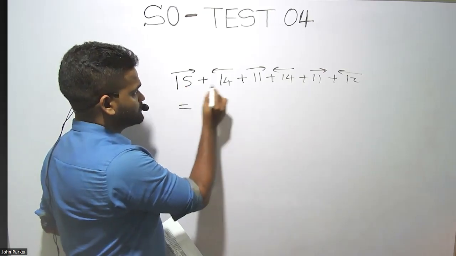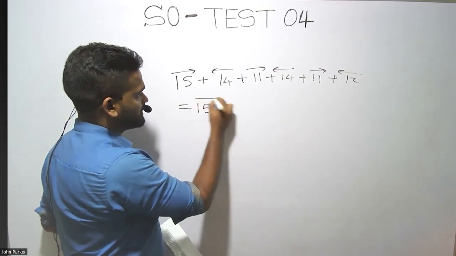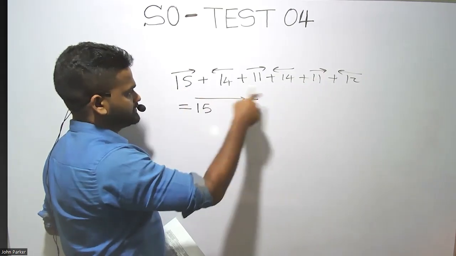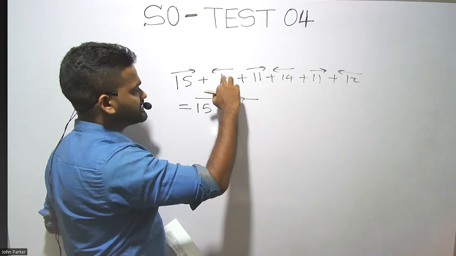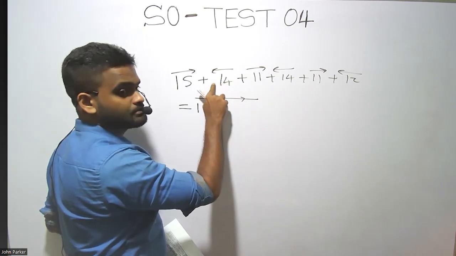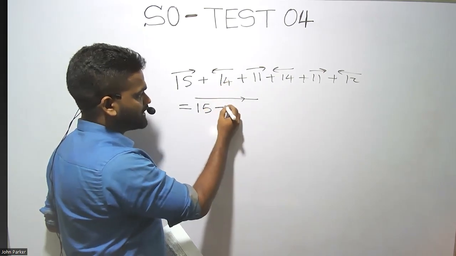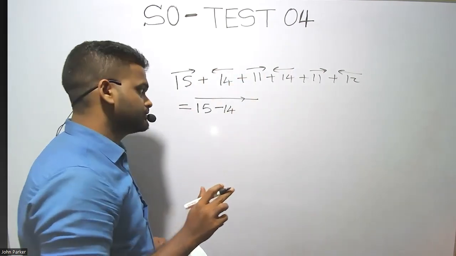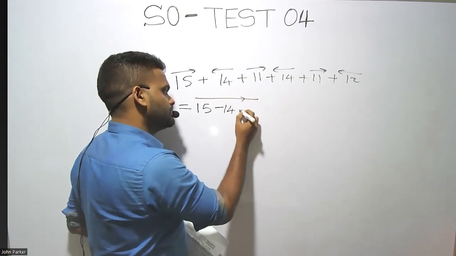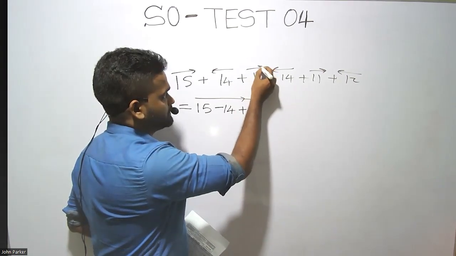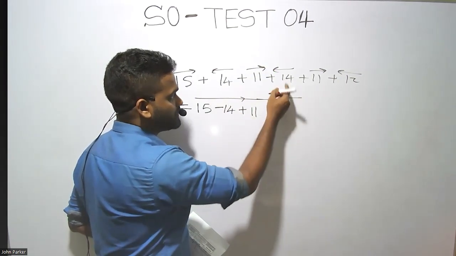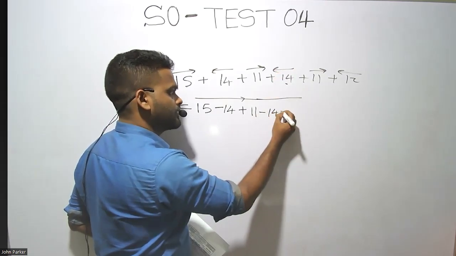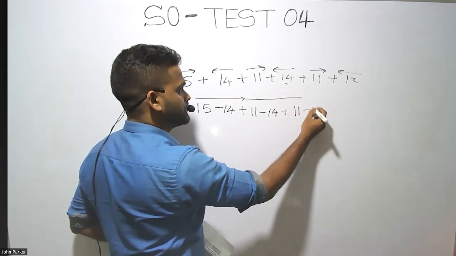Okay, I'll make everything go in one direction. 15, I'll just keep it like that. 14, you can change the direction and put a minus here, so it becomes minus 14. I'll just put one arrow on all terms, right? 11 is just plus 11 because it is already in this direction. Then this 14, you can flip that and put a minus there. 11, same direction.